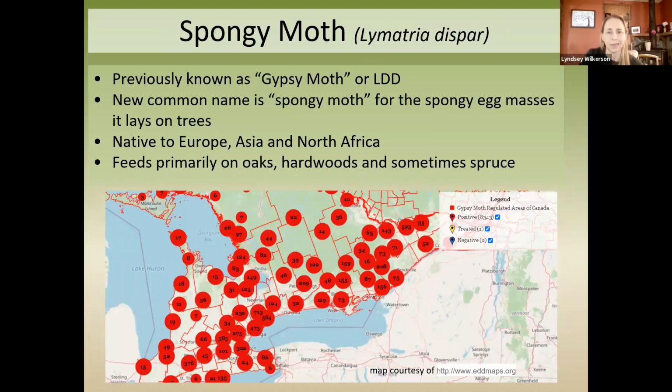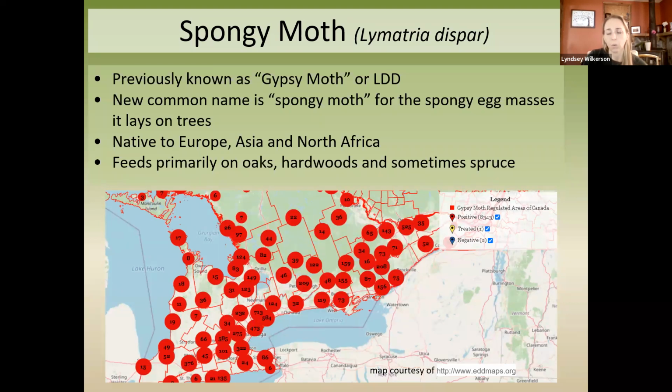The next invasive pest I wanted to cover is the spongy moth. This spongy moth may be new to some people, but you might have formerly known it as the gypsy moth or LDD. The name has officially been changed to spongy moth, representing the spongy egg masses that it lays on trees.